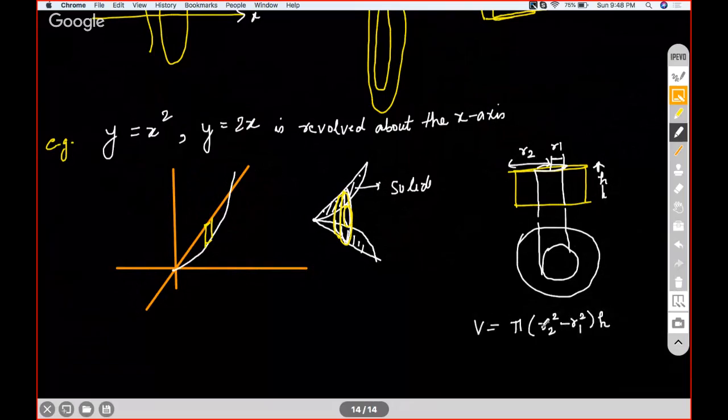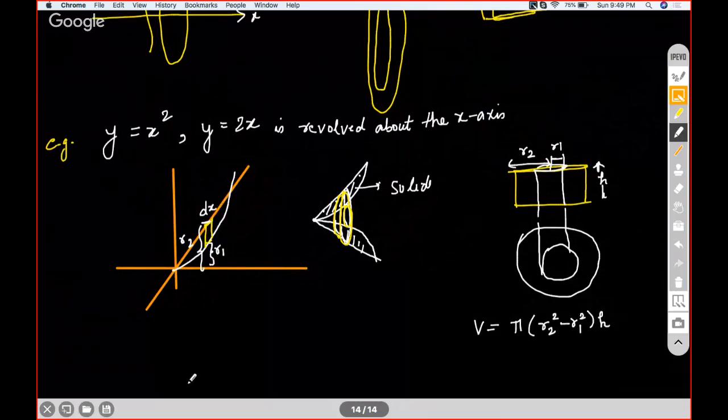Now think that when you are creating a washer like this, from here to here this is the outer radius, let's say R2, and from here to here this is the inner radius R1. And this height that we are talking about is your dx.